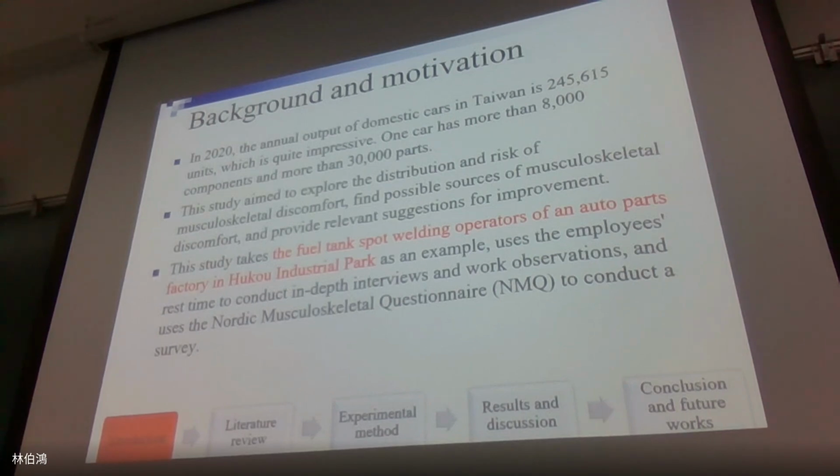And one car has more than 8,000 components and also more than 30,000 parts. So this study aims to explore the distribution and risk of musculoskeletal discomfort, and also find the possible sources of the discomfort and provide suggestions.